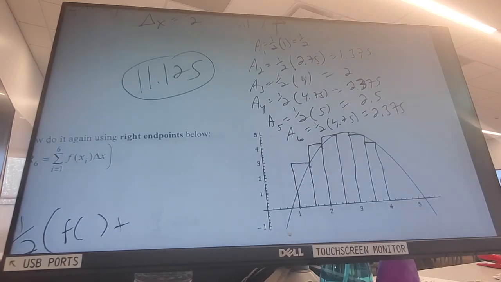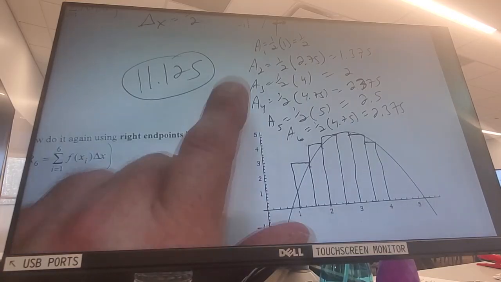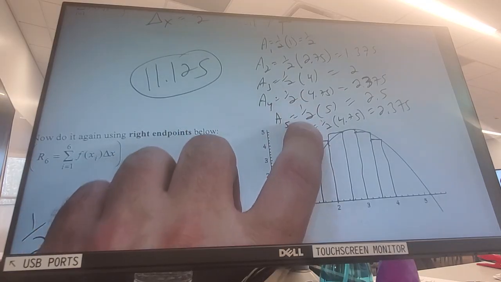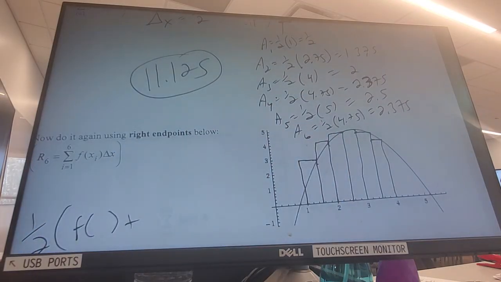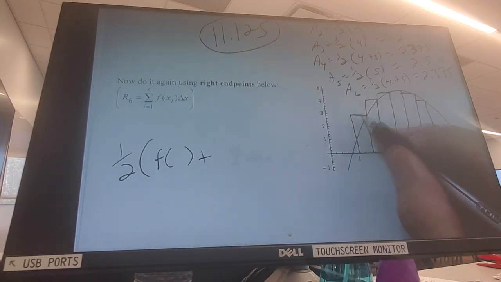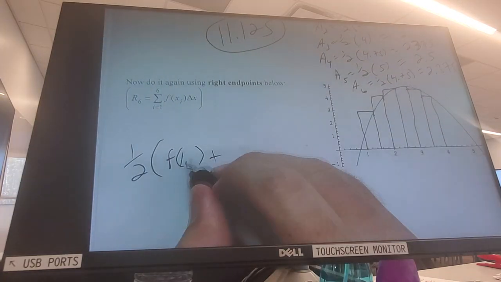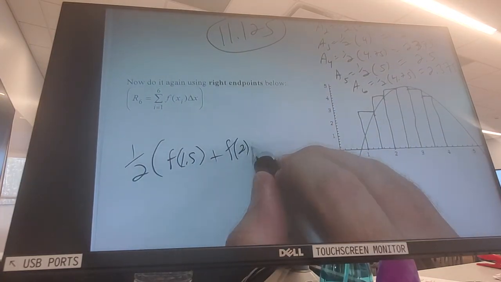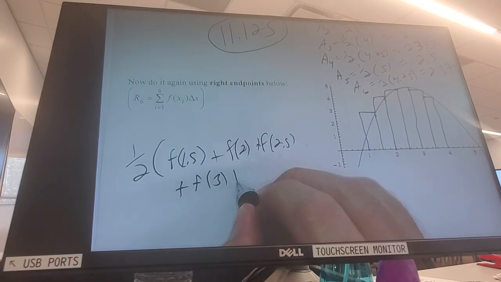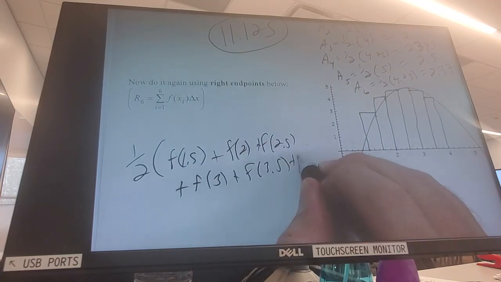So now that is an overestimate. So instead of doing each rectangle and finding its area, we can take the 1/2 out. So what's the height of the first rectangle? F of 1.5. And then F of 2, F of 2.5, F of 3, F of 3.5, F of 4.